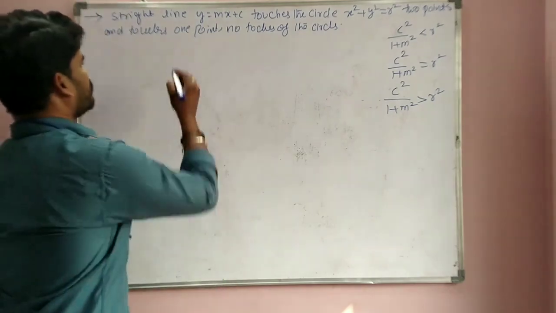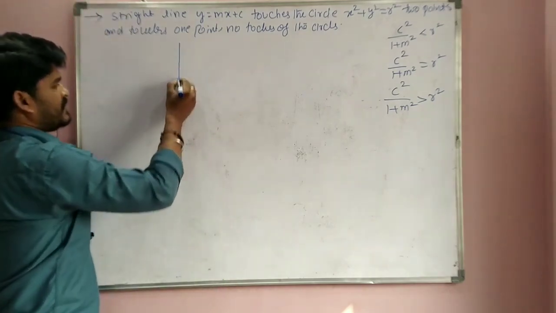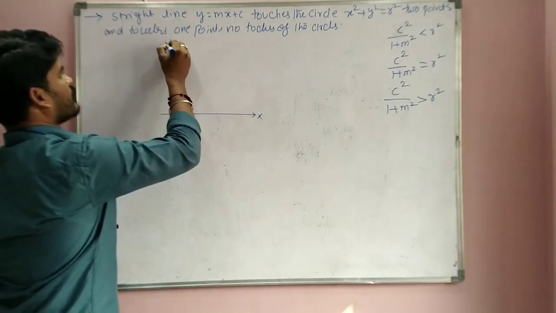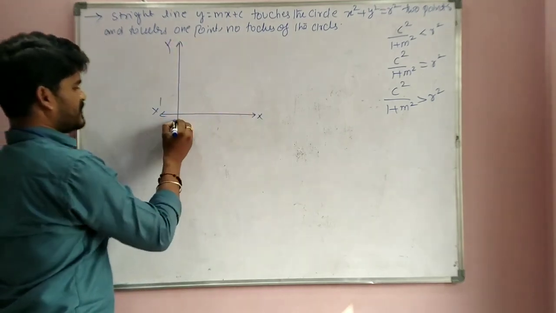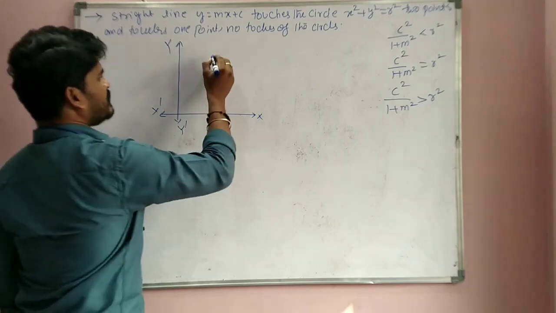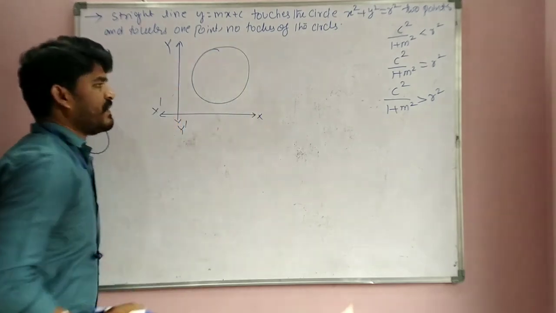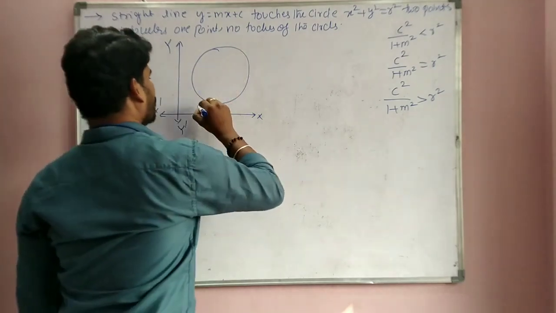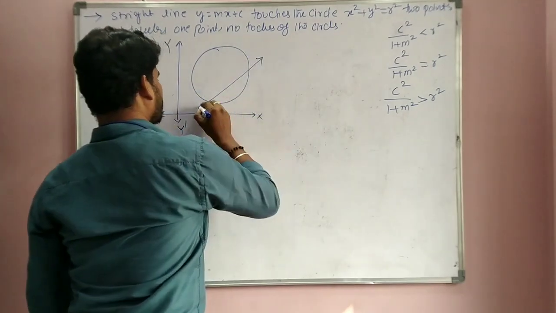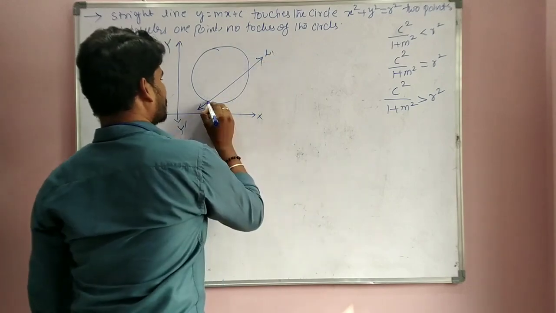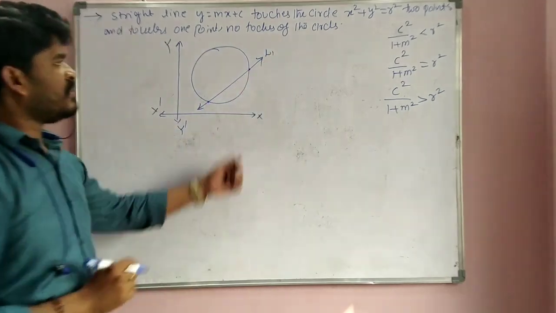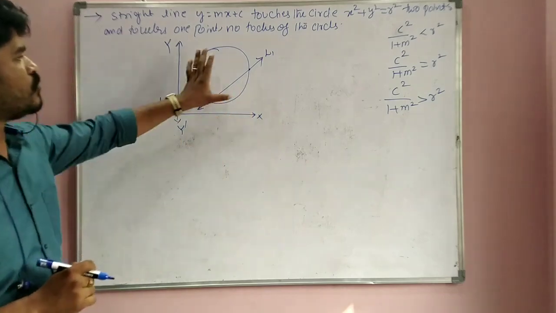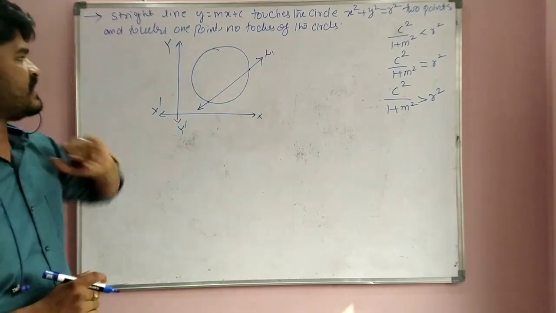First one: the straight line, this is the x and y axes, x dash, this is y dash. The circle lies on a plane. This straight line touches the circle at 2 points, right, here 2 points.